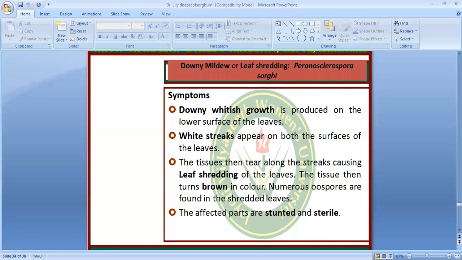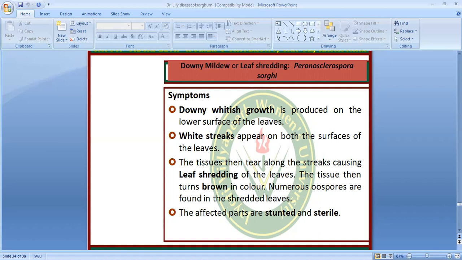Now there is another disease of sorghum, that is downy mildew, or leaf shredding disease. The causal organism is Peronosclerospora sorghi. The symptom, as you all know for downy mildew, is whitish downy growth on the lower surface of the leaf. White streaks appear on both surfaces of the leaf.